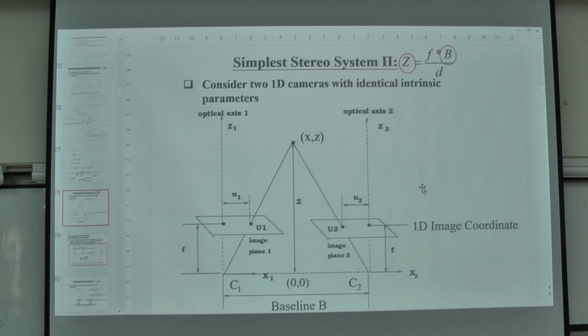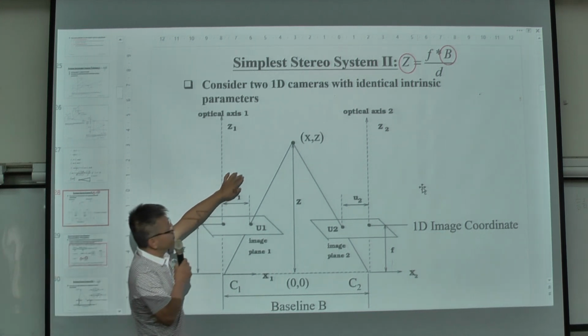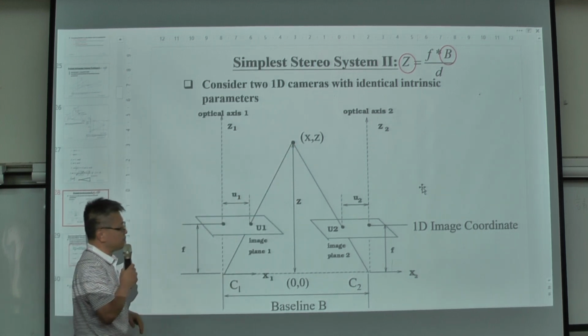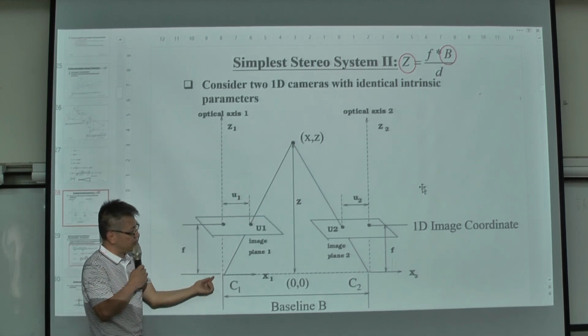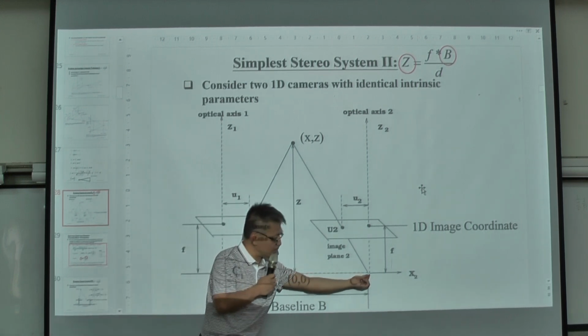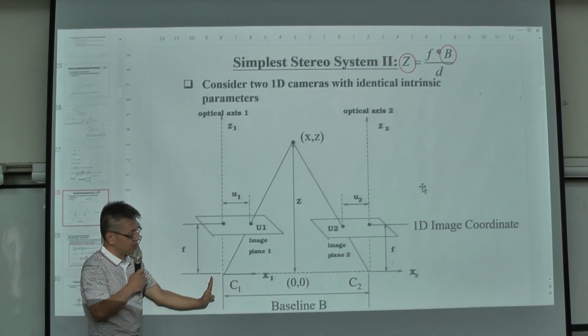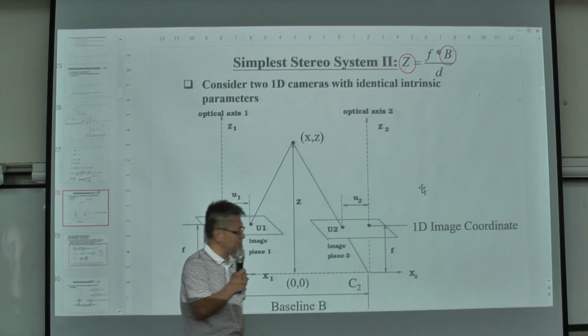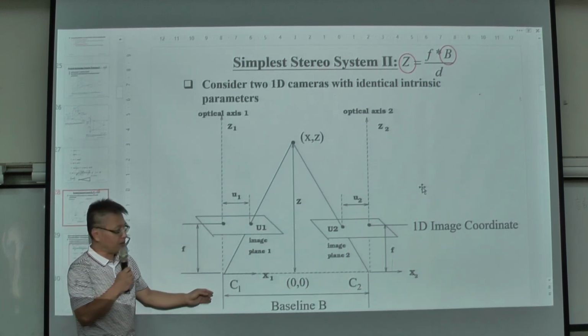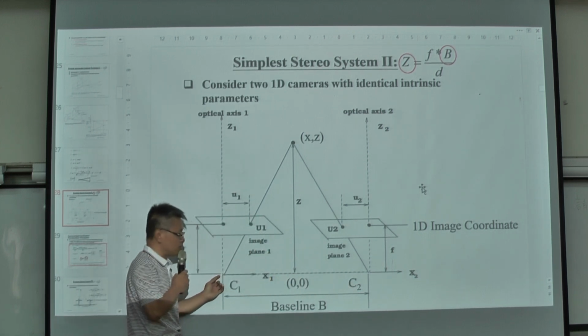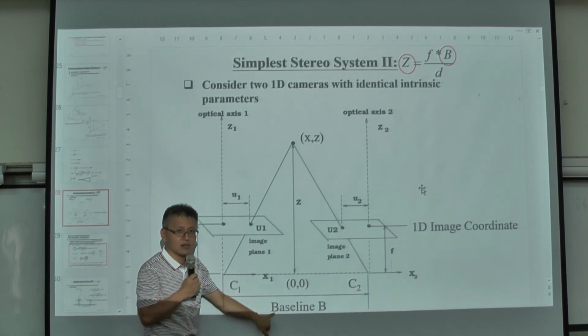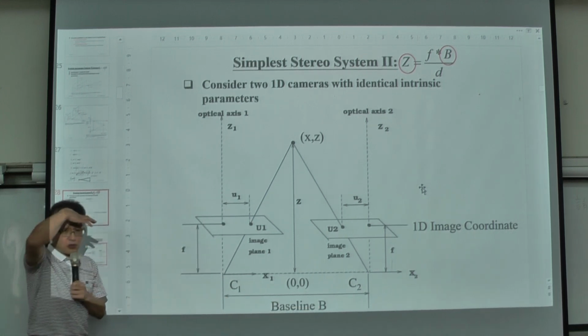So how can we get this one? Suppose there are 3D points here, any 3D point, and this is camera center 1, camera center 2. Camera center 1 is left, camera center 2 is right. The distance between the two camera centers we call the baseline.